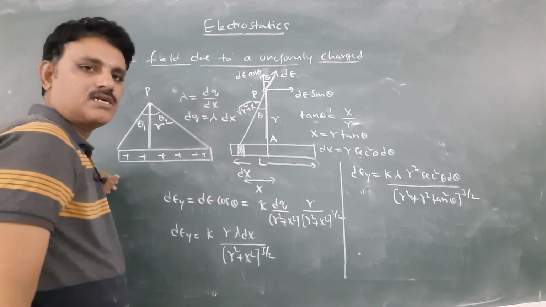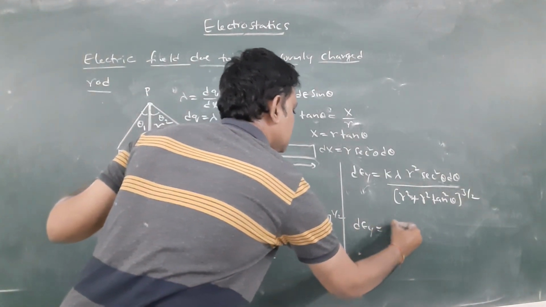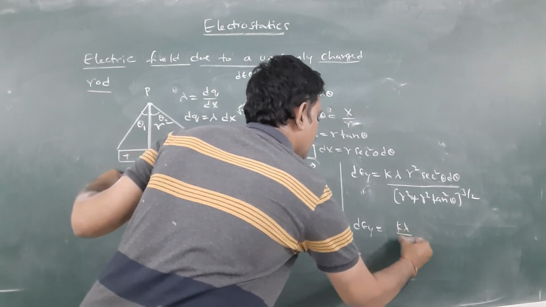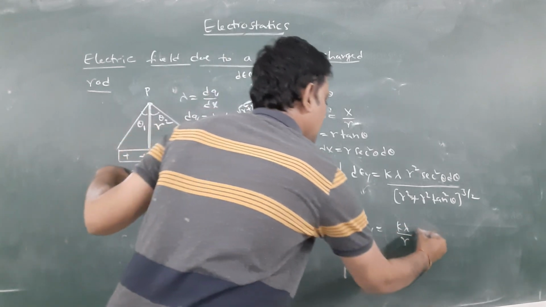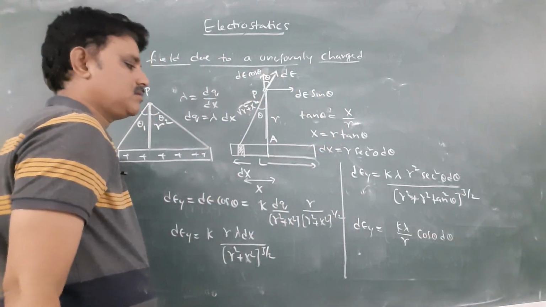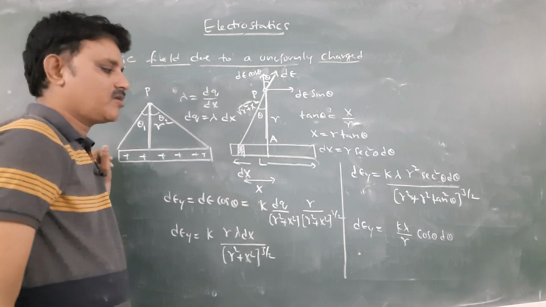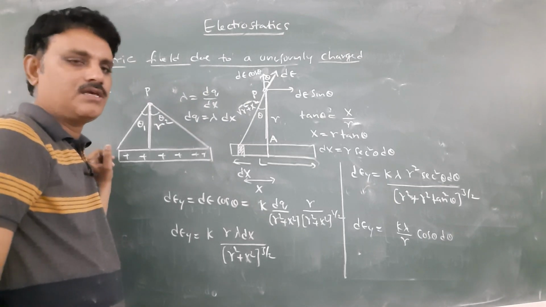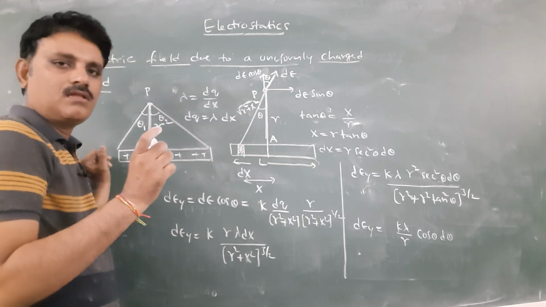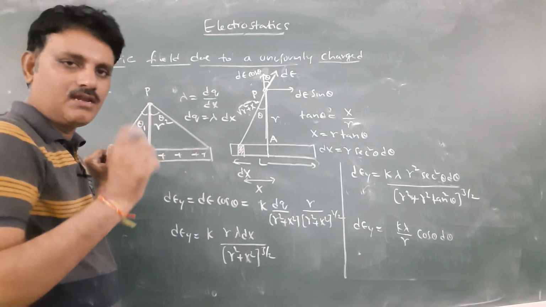Okay. So that is dEy. So dEy is k lambda by r finally into cos theta d theta. This is the final relation. dEy is equal to k lambda by r into cos theta d theta. So we calculate the small electric field with respect to the small length element.